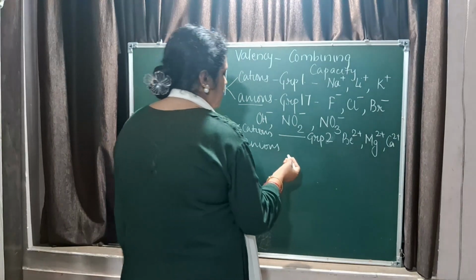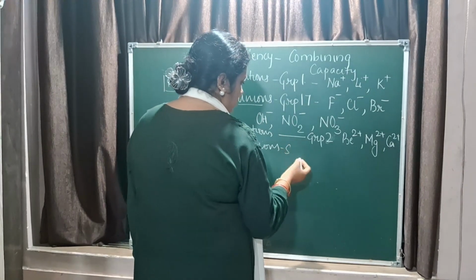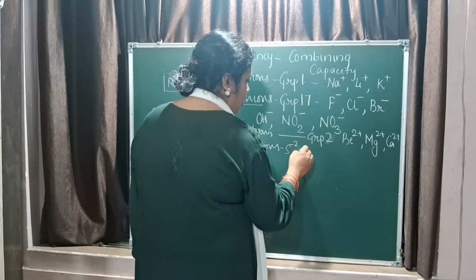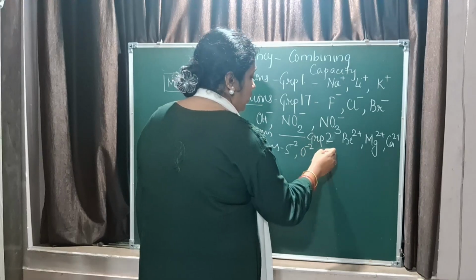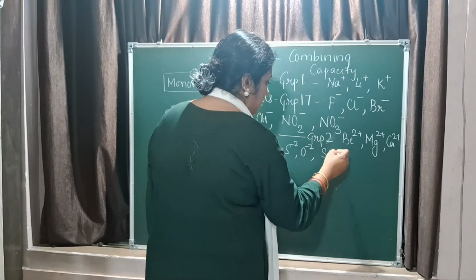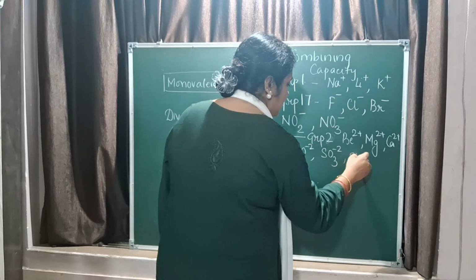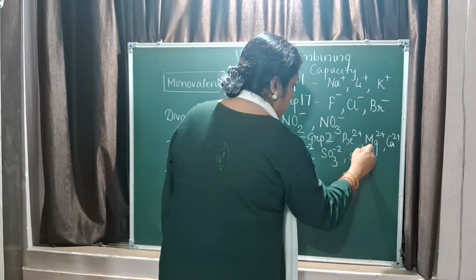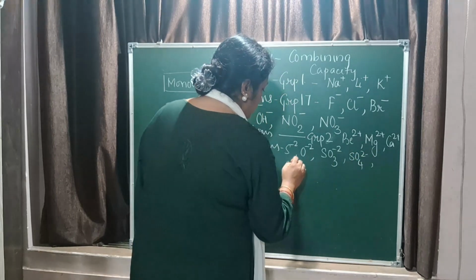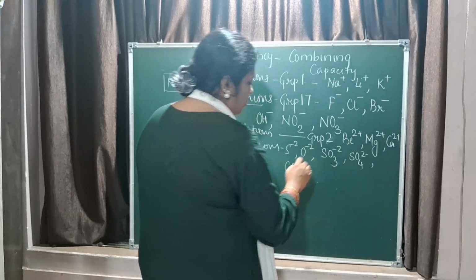And anions, if you talk about the sulfur family, so sulfide, oxide, then you have sulfite, sulfate, then you have carbonate, and so on.